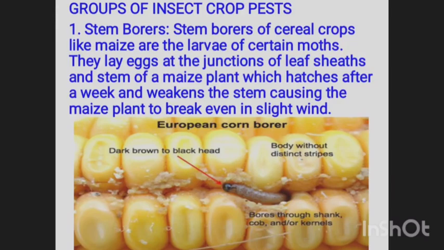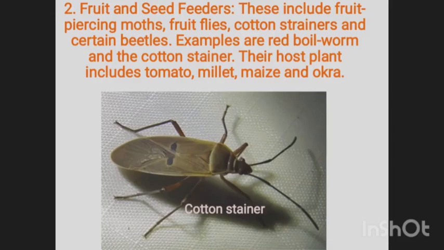For example, in maize plants, they bore holes into the maize stem, weakening it so that it can easily break even at the slightest wind. So we call them stem borers, and they affect cereal crops like maize.